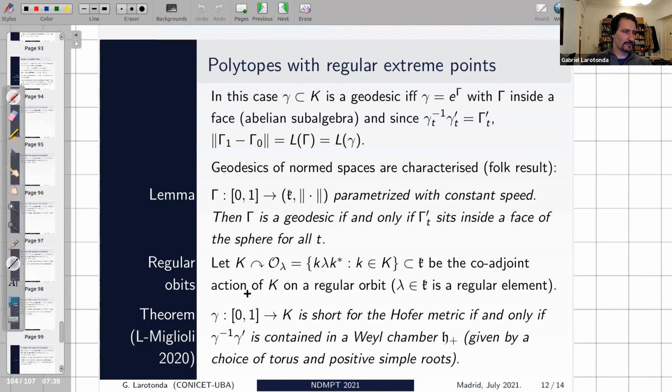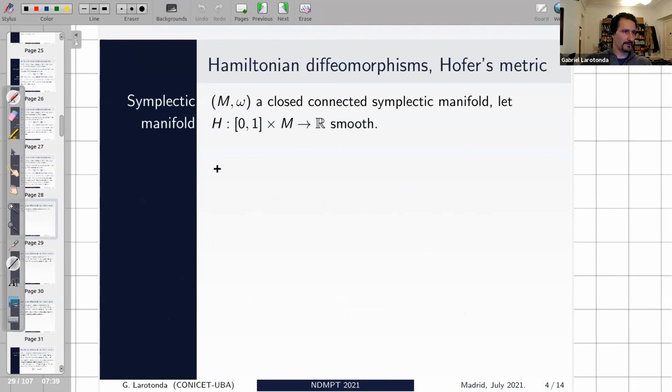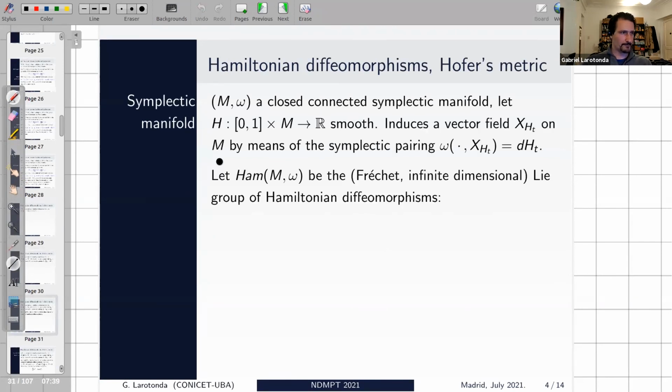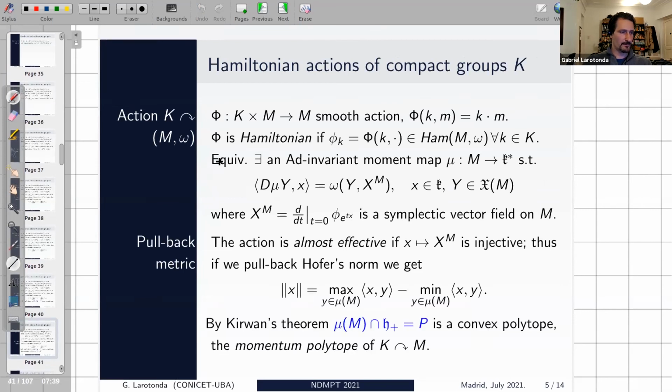This construction, which is a particular case of the general construction, you have to ask specifically for the following. You want your compact group to be acting on a closed, I mean, without boundary, symplectic manifold, and you want the action to be Hamiltonian. Hamiltonian means that for each fixed k, this diffeomorphism is a Hamiltonian diffeomorphism.